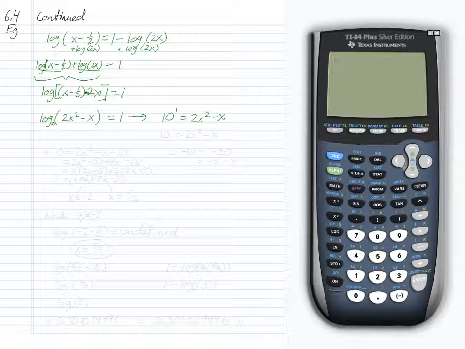So, I see that the equation I need to solve now is 2x squared minus x equals 10, a basic quadratic. So, I might gather all my terms on one side, put this in standard form. 0 equals 2x squared minus x minus 10. And we can solve this using any of our preferred techniques from Chapter 4.